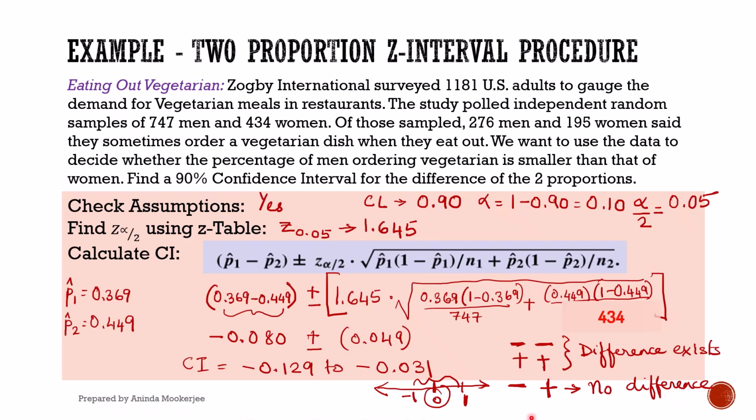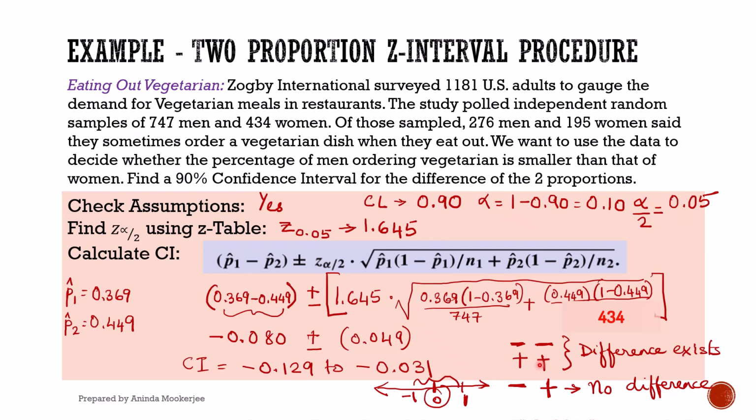And that is why if the endpoints of the confidence interval have two different signs, one negative, the other positive, then the conclusion should be that there's no difference between the two proportions. And that should agree with your hypothesis testing decision as well. If your hypothesis testing decision was reject, then your confidence interval should have either both negative signs or both positive signs in its endpoints.